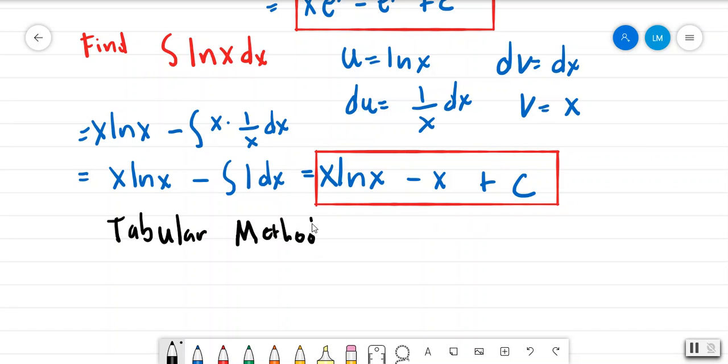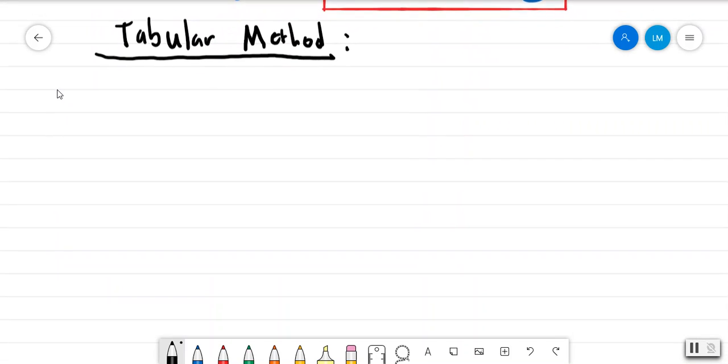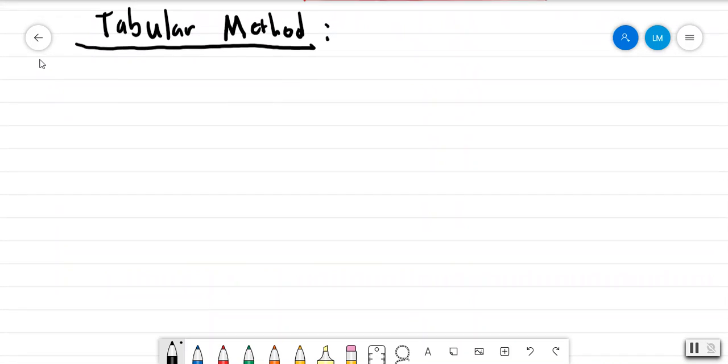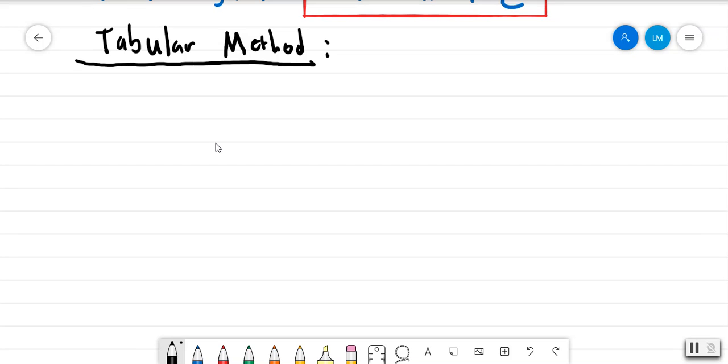The tabular method basically just requires making a diagram, for instance when we have multiple layers of integration. The best way of explaining it is by demonstrating it with an example. Let's say we looked at the integral of x e to the x again.